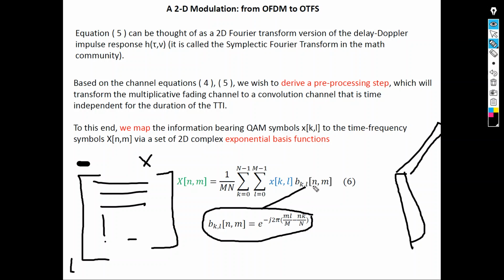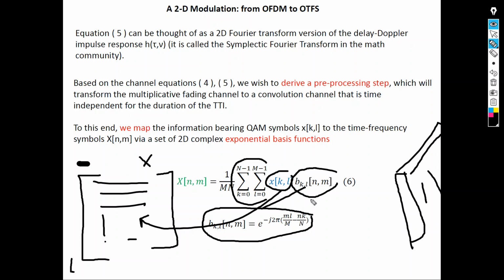And this is here. It's this one. And those are your QAM symbols here. You get them, you define them from the QAM modulation. And this is the summation over all, to take all the columns and rows. And divide over MN for normalization to make sure that all the vectors are unity.